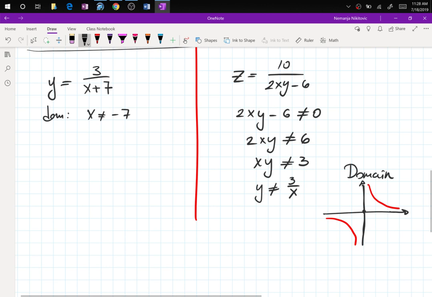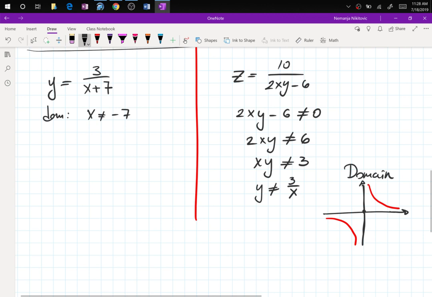Now, can you pick 1, 3? No. Point 1, 3 is on the red line. And the point 1, 3 will give you a 0 in the denominator. If x is equal to 1 and y is equal to 3, 2 times 1 times 3 is 6. 6 minus 6 is 0. You have 10 over 0. No bueno, right?